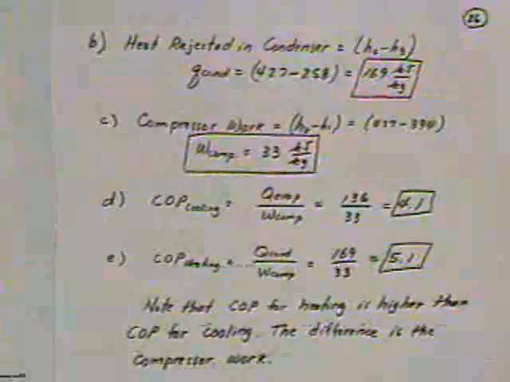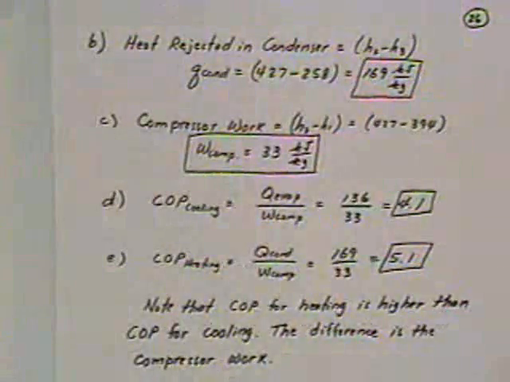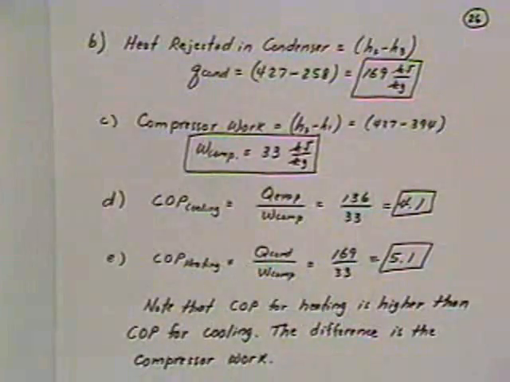Same way with compressor work. Compressor work we found is 33 kilojoules per kilogram, the amount of work required as an input into the system, and because it is compressor work, I kept it positive. If we're just determining what the work was, then we'd have a negative 33 kilojoules per kilogram, because it's a work input into the system.